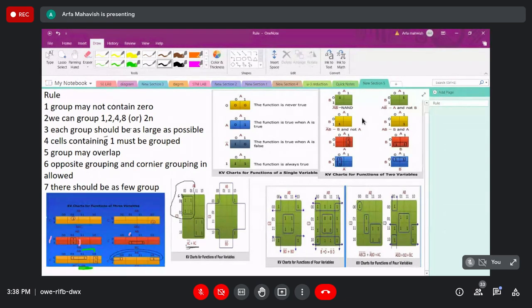So you are writing the A bar over here. When the input value and output value do not match, you write the bar. In this section we have the C, right? The input value is 0 and the output value is 1, not matching, so you write the C bar over here.